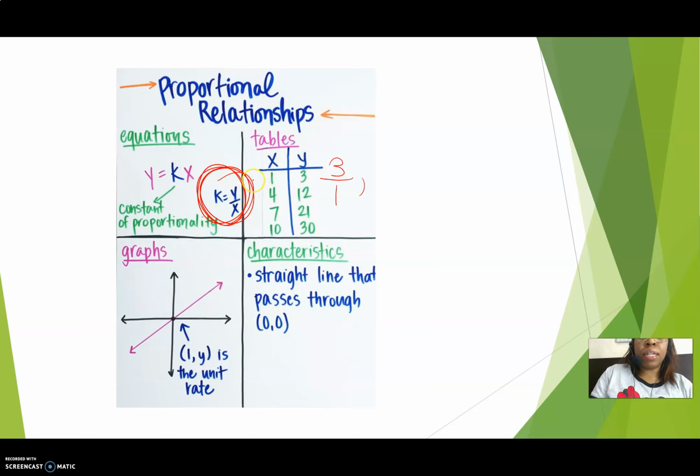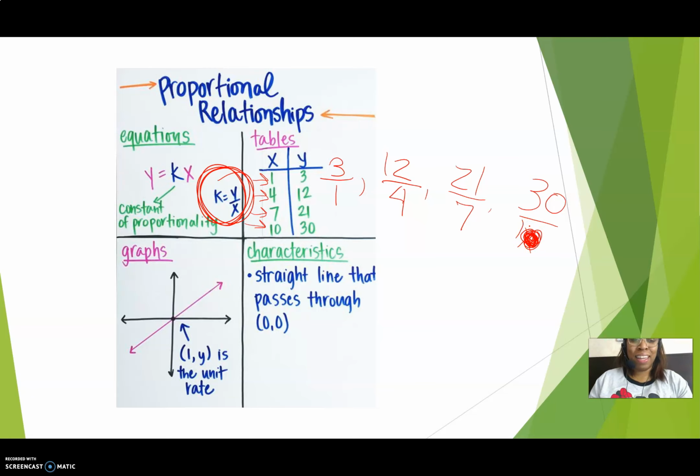You do that for each row of your table. Do not leave any row undone. Y over x, y over x, and y over x. Oops. By x in this one I actually mean 10, not just x. So forgive me.